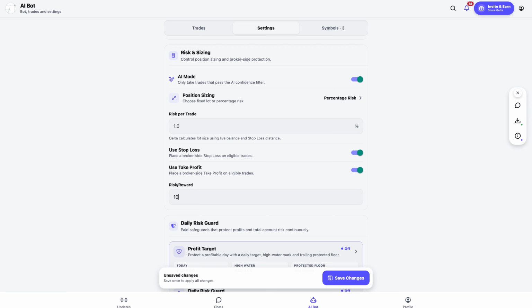Like imagine if my risk to reward is 1:10, it means that, as you know, the price retraces most of the time. So you'd find that if you had 1:3, your trade could have hit TP already.